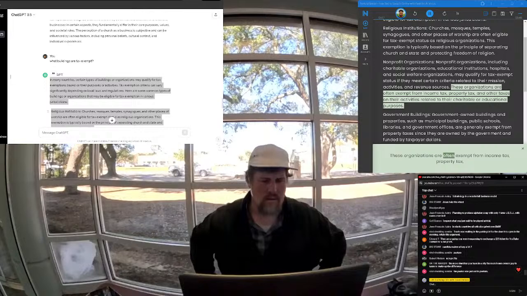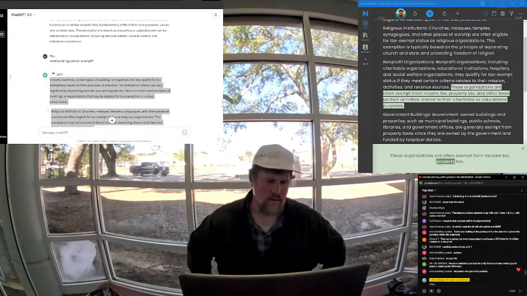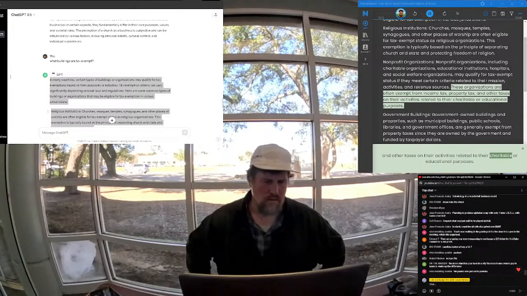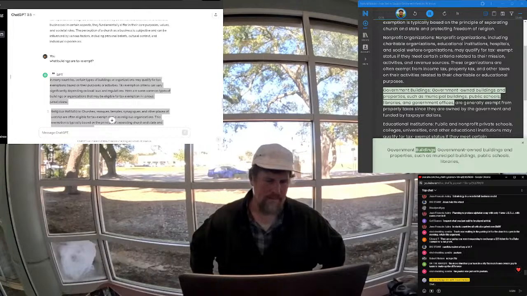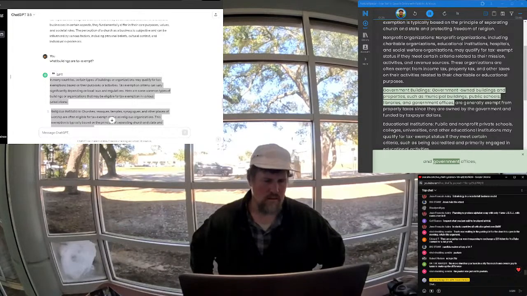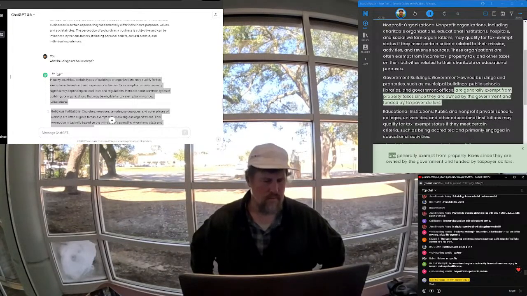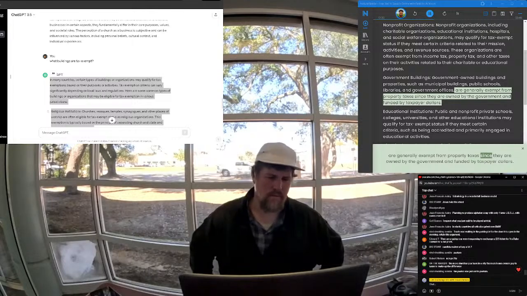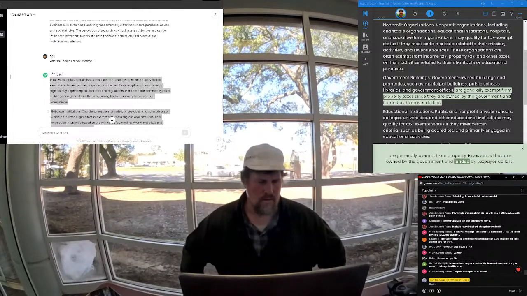These organizations are often exempt from income tax, property tax, and other taxes on their activities related to their charitable or educational purposes. Government buildings, government-owned buildings and properties, such as municipal buildings, public schools, libraries, and government offices, are generally exempt from property taxes since they are owned by the government and funded by taxpayer dollars.